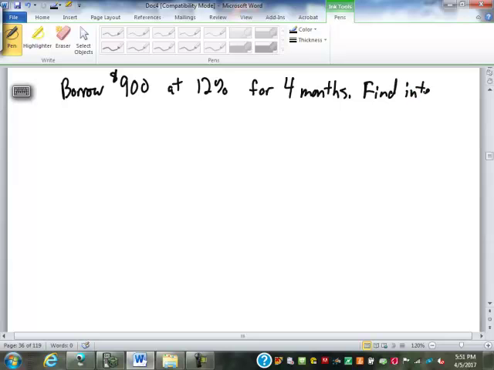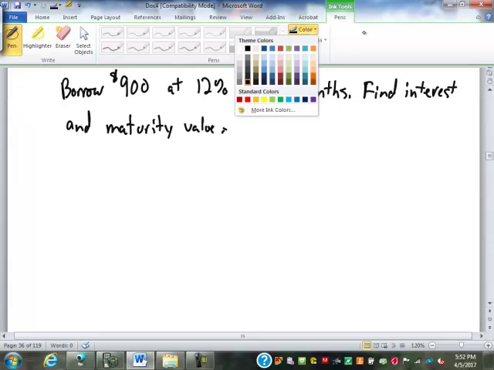Find the interest and maturity value. I might also word that as find the interest and the amount paid back, which is the same as asking for the maturity value.